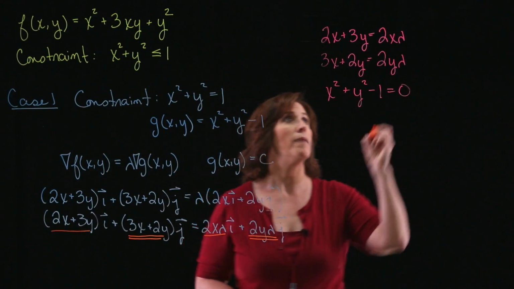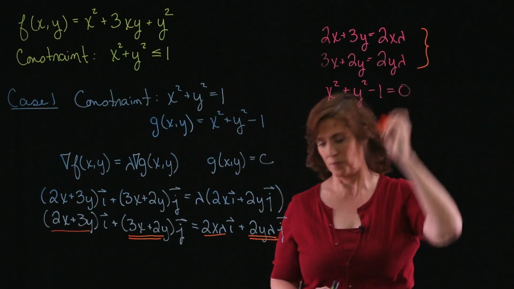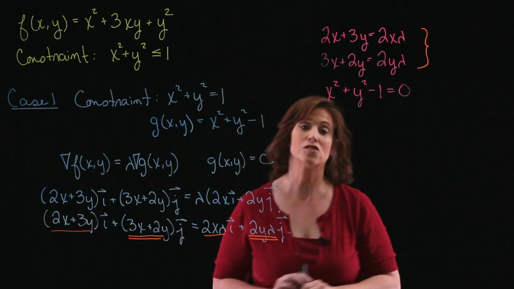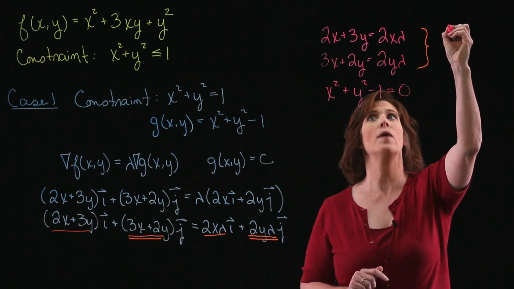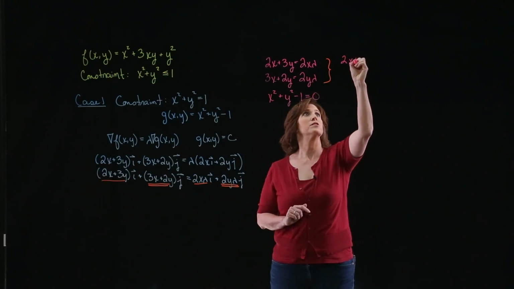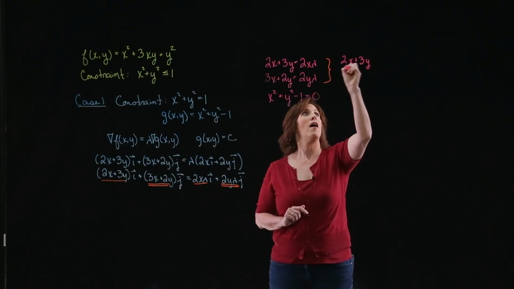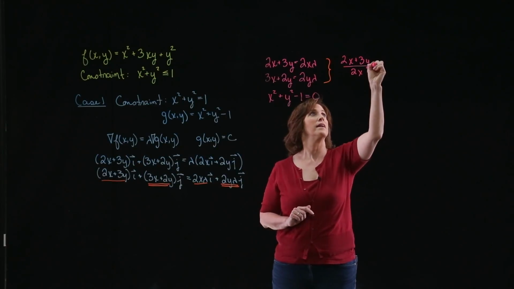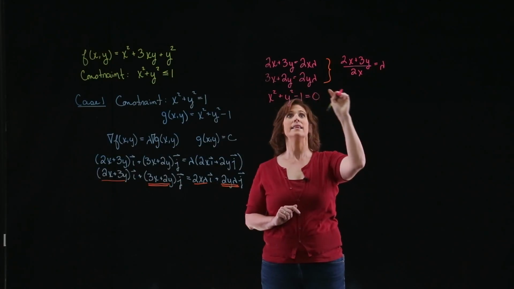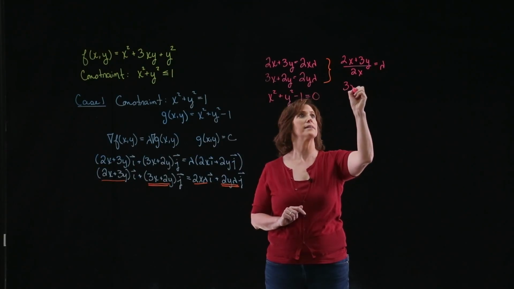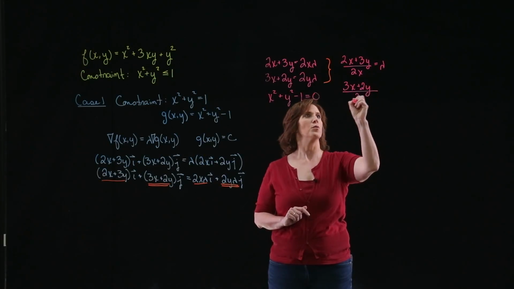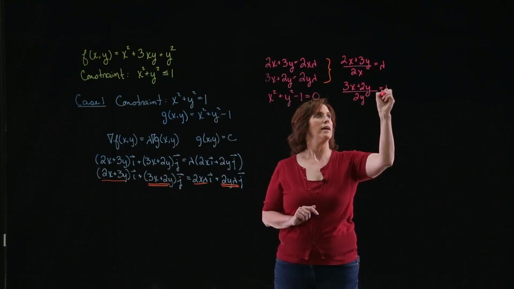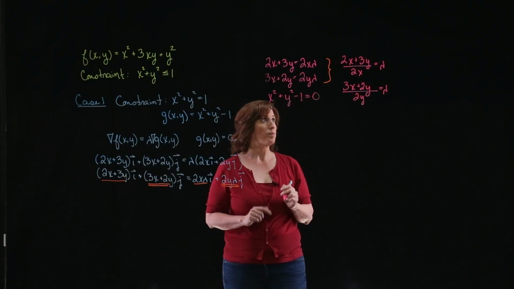So I can solve the system of equations. I'll begin by looking at these first two. And I'm going to go ahead and solve each of them for lambda. So in the first one, I'm going to have (2x + 3y) over 2x equals lambda. And in the second equation, I have (3x + 2y) over 2y equals lambda.